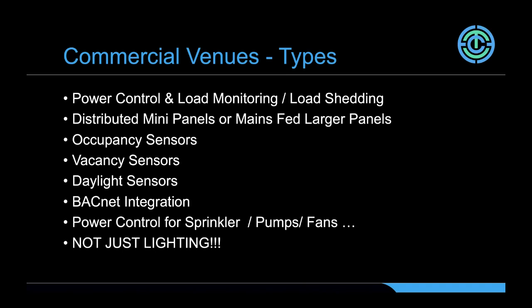There's irrigation systems that we have running off of them that are running remote pumps for sprinklers, irrigation, whether it be air handling units and fans, emergency egress, or automation environments where the system that we're using is triggering external features as well that have very little to do with our lighting. So again, our commercial venue offering is not just a lighting offering. And we're going to look at some of those venues in just a moment.